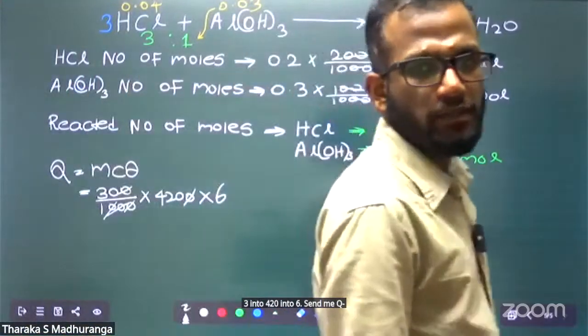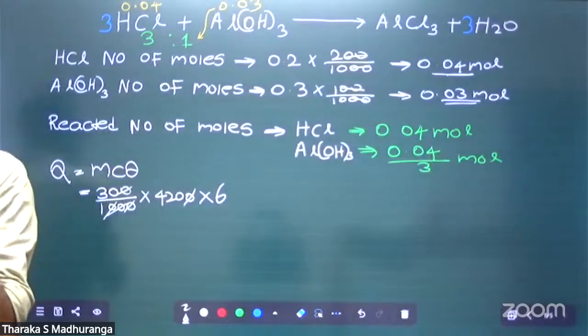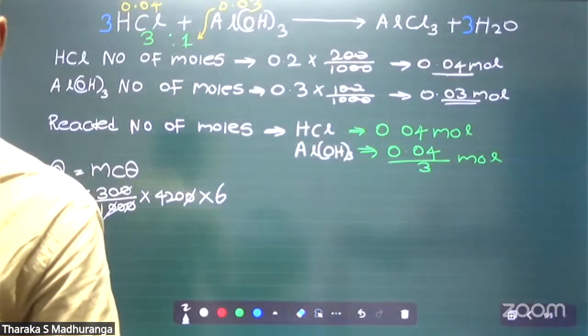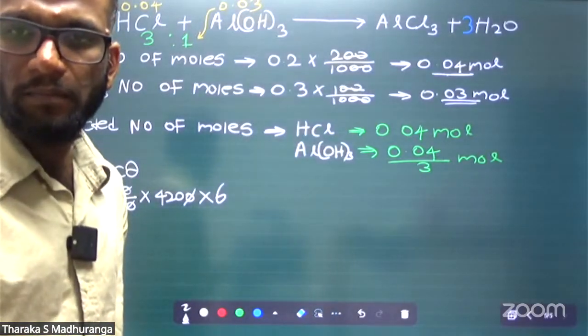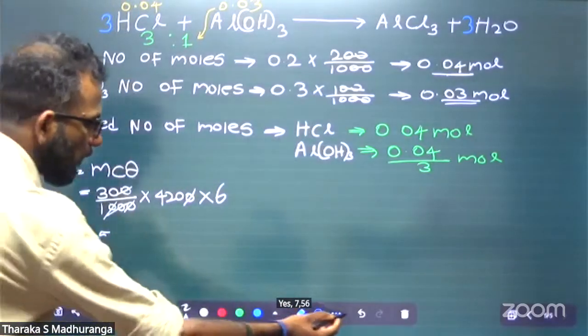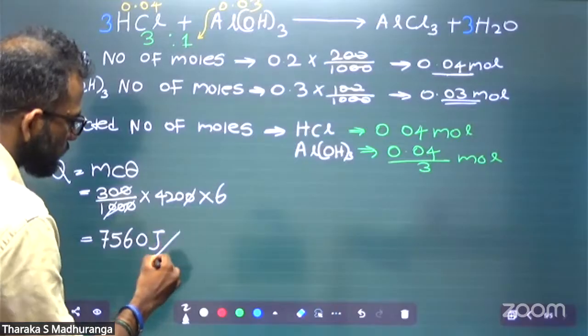Send me the Q value first. Yes, 7560, right? Joules.